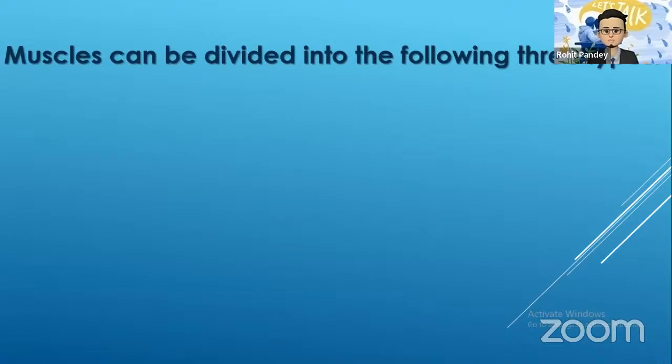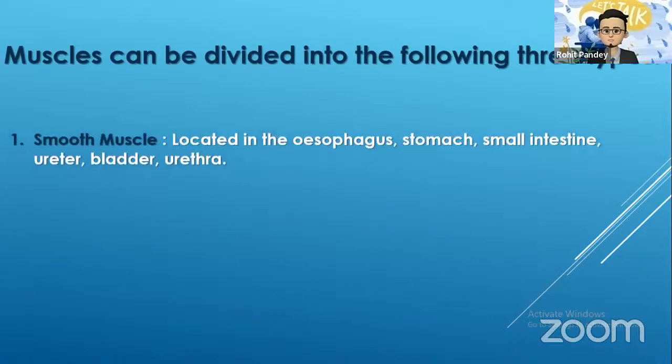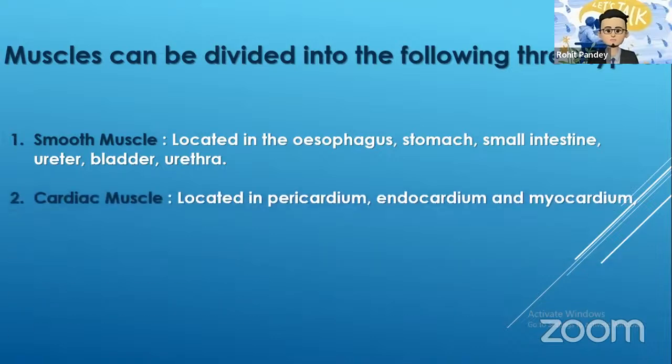Muscles can be divided into the following three types. Smooth muscles are located in the esophagus, stomach, small intestine, ureter, bladder, and urethra. Cardiac muscle: cardiac means heart, so related to heart muscle.